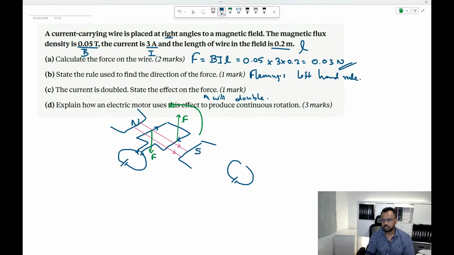It rotates because there is an anti-clockwise moment. There's a force. Now imagine my calculator is a coil. I have a force acting upwards on this side, and a force acting downwards on this side. So what will happen? It will rotate like that. Understood?